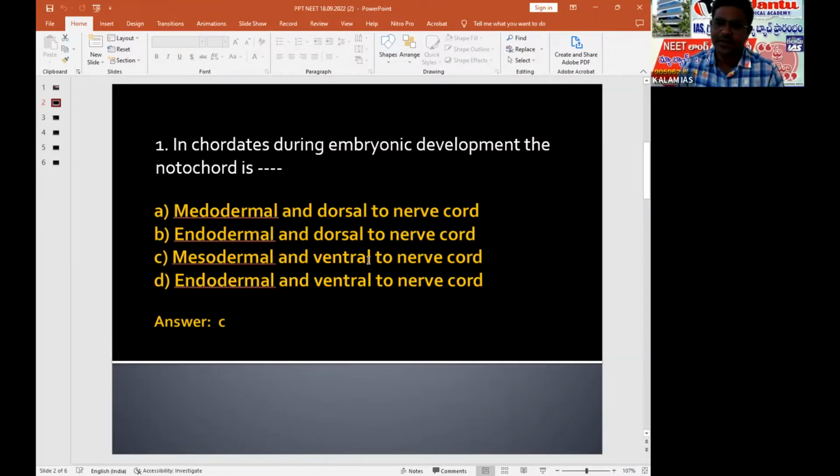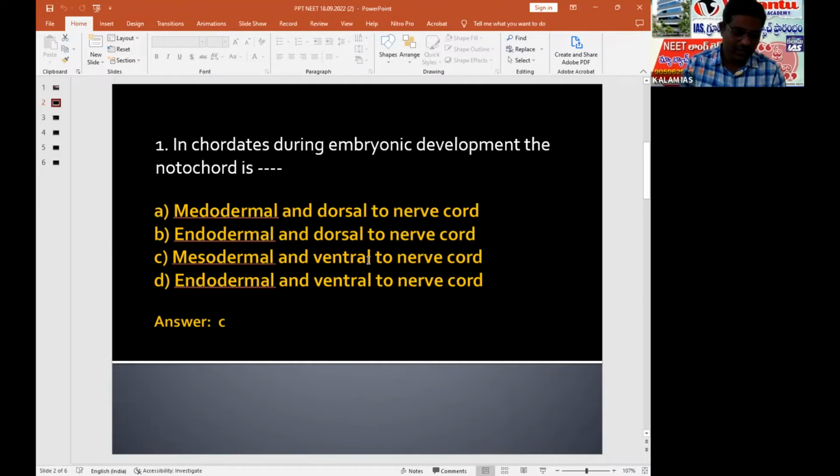Always in all the chordates, the embryonic development is mesodermal and ventral to the nerve cord, and that is the answer. Remember, this was a previous NEET question also. So the answer is option C.